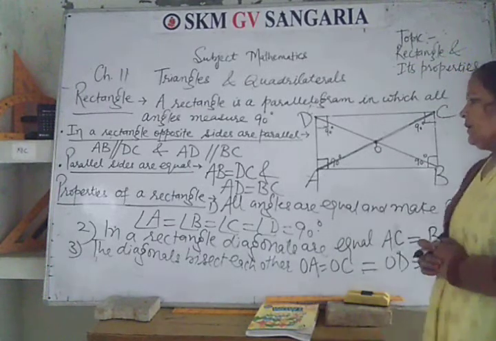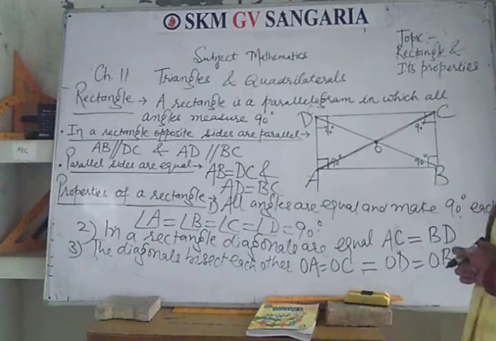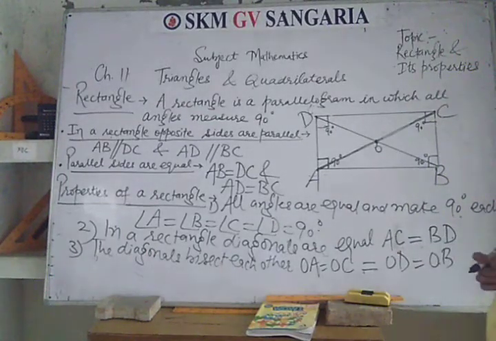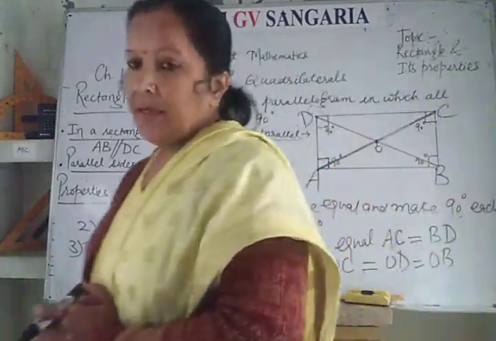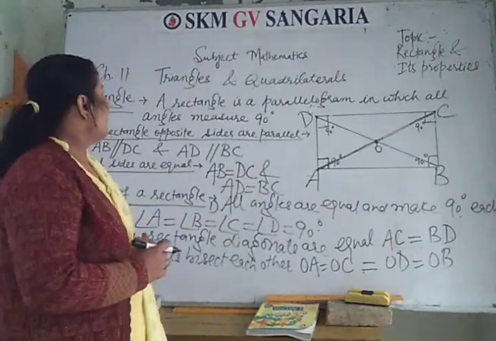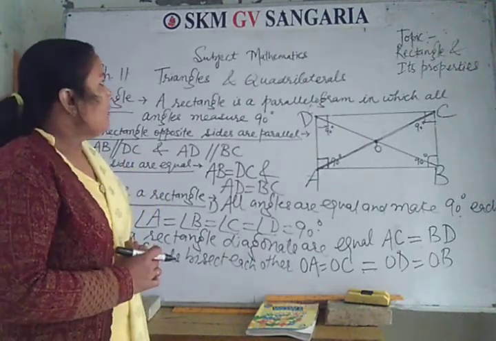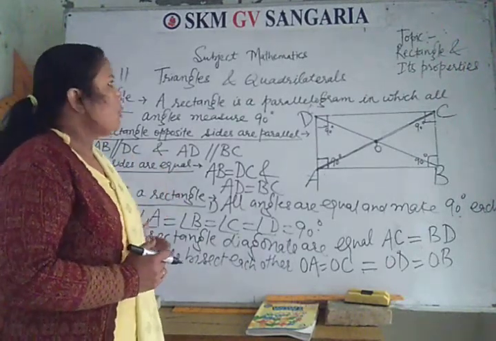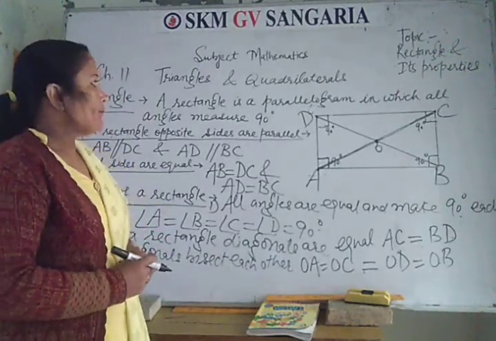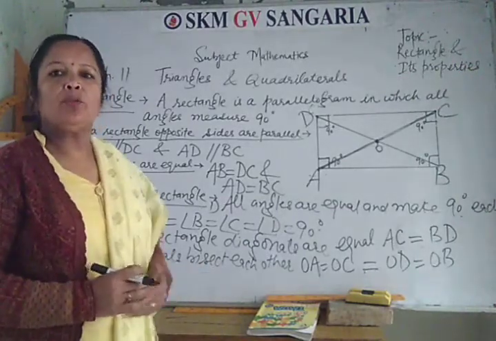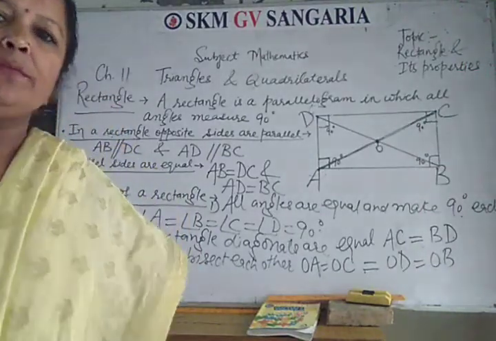Then the diagonals bisect each other, means OA is equal to OC and OD is equal to OB. This is about rectangle, and you should learn all these properties and note them down carefully in your notebook.